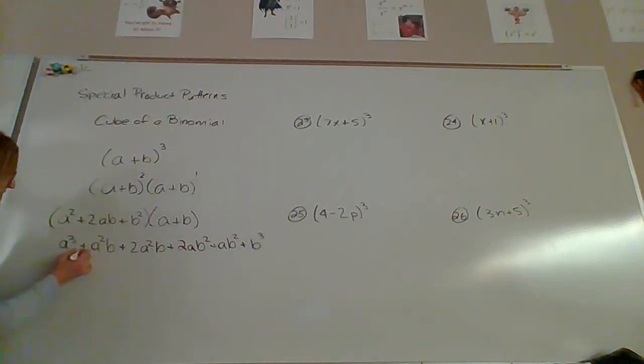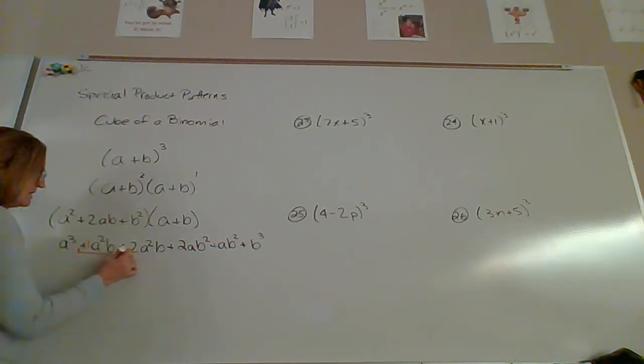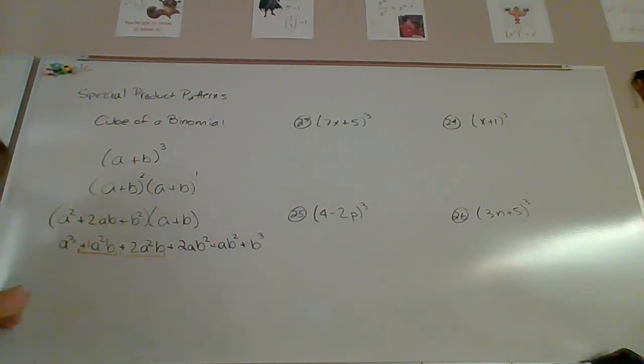So let's find all of our a squared b terms. Well, here's one a squared b, and here's two a squared b. We can combine those to get 3a squared b. So we have a to the third from our first term. Then we combine the next two terms because they're like terms. Gives us plus 3a squared b.